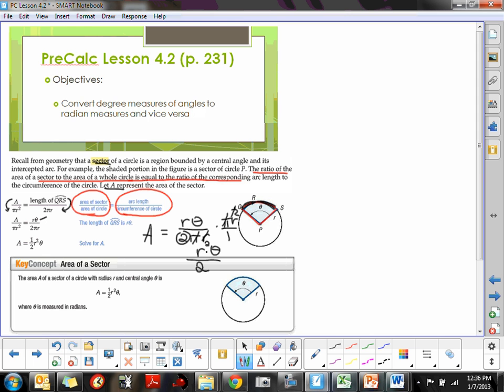If they don't like dividing by 2, they pull the half out front: one half r squared times theta. So that's the formula for the area of a sector, and this is the formula we're going to use and apply.